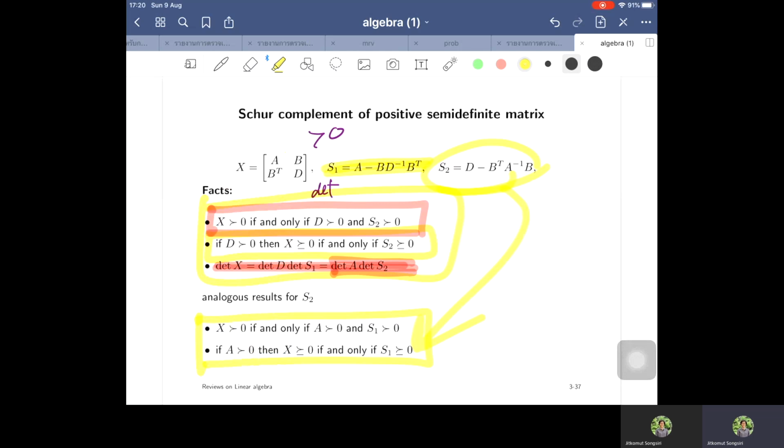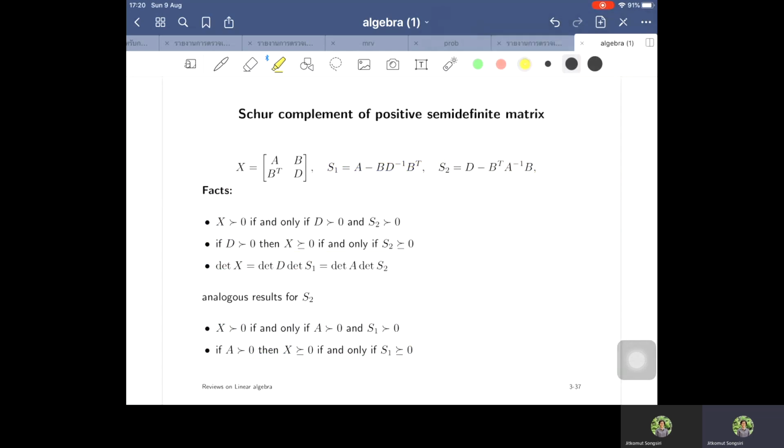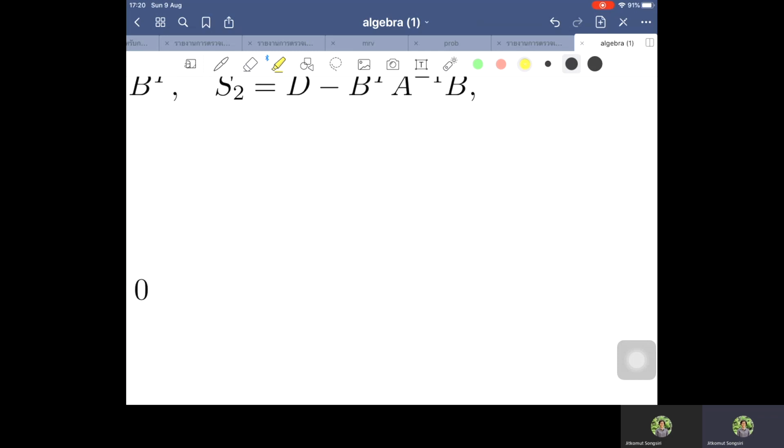Now I would like to mention a little bit in what circumstances we would see the use of the Schur complement. The very first one is simple. When you perform LDU decomposition, it's related to the concept of solving a linear equation through Gaussian elimination.